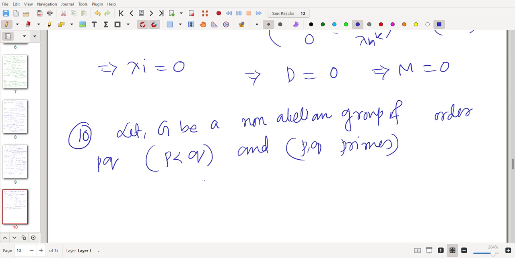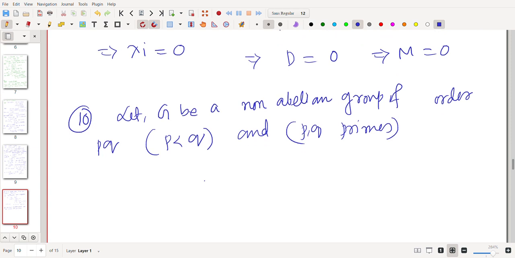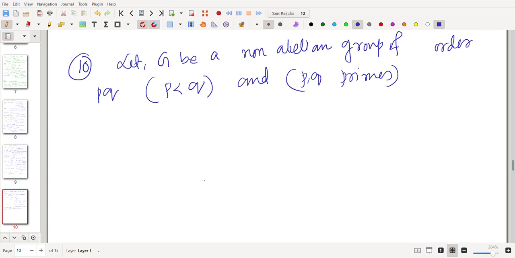We need to find how many elements of G have order q and how many elements of G have order p. So we need to use Sylow's theorem here.